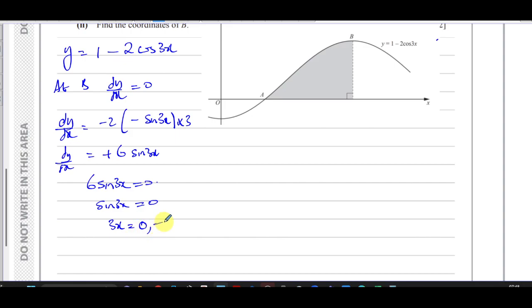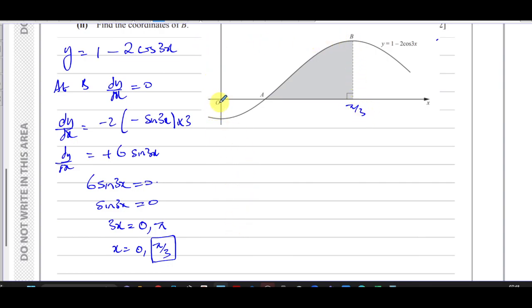The next time it hits 0 is pi. That's for 3x. But for x, we've got to divide by 3, so you have 0 and pi over 3. That is the one we're looking for, pi over 3. So we know that this is pi over 3, the x value. We need to find the y value.